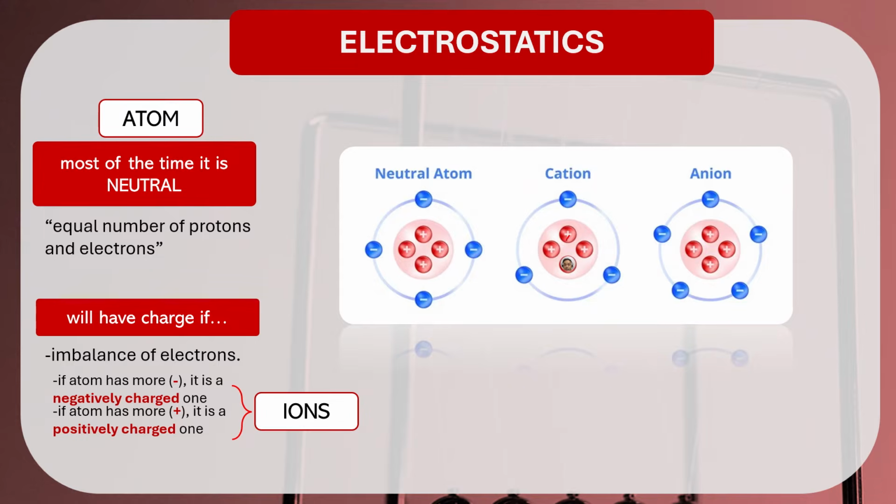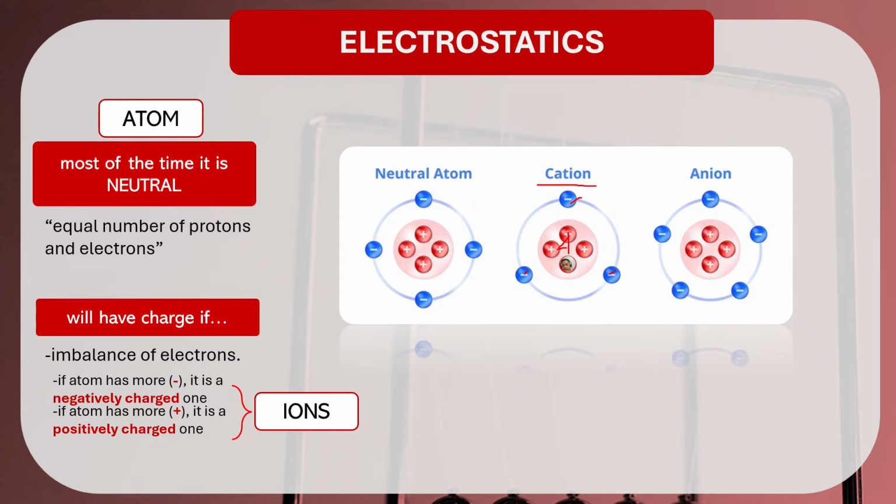For example, you have four protons here, the positive ones, and you will have three electrons. One, two, three. It has more protons than electrons, so we can say it's a positively charged ion or atom, and in chemistry we call it a cation.